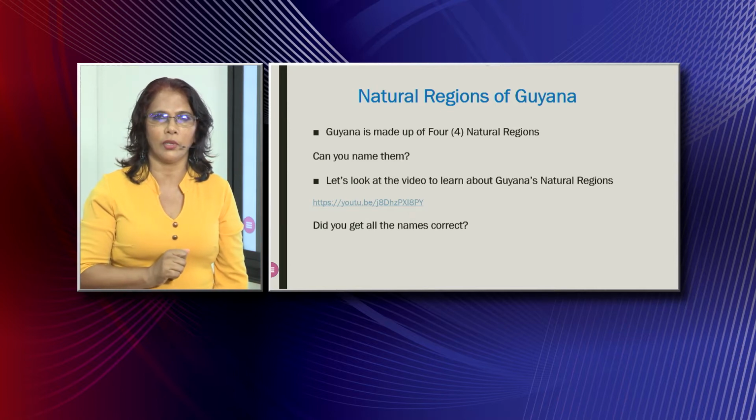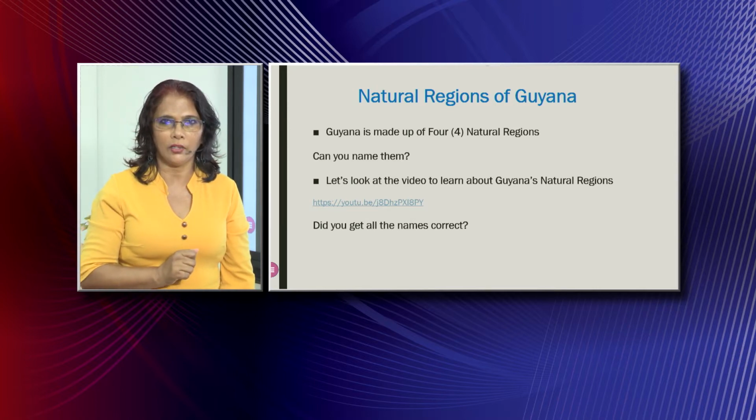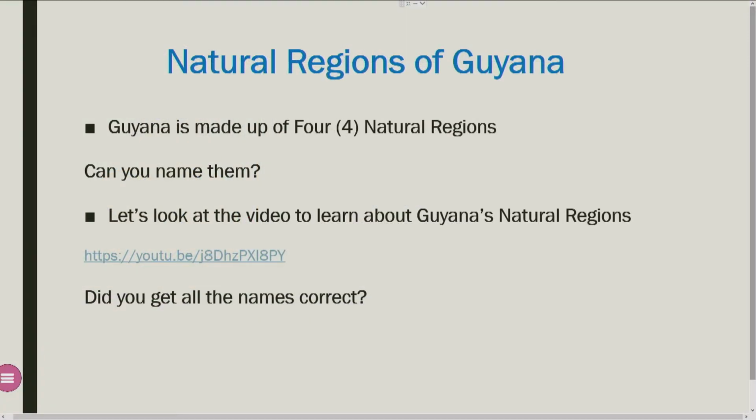The correct name is the Cooperative Republic of Guyana. Guyana is made up of 4 natural regions. How many are there? There are 4. And remember, these are the natural regions. Can you name them?